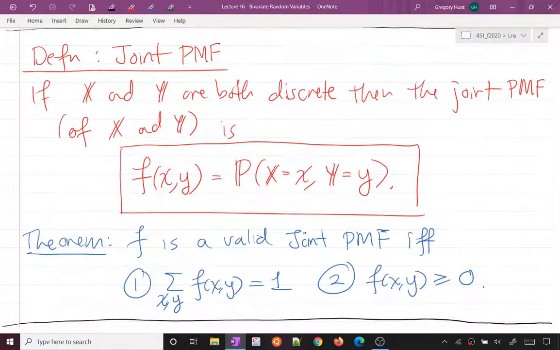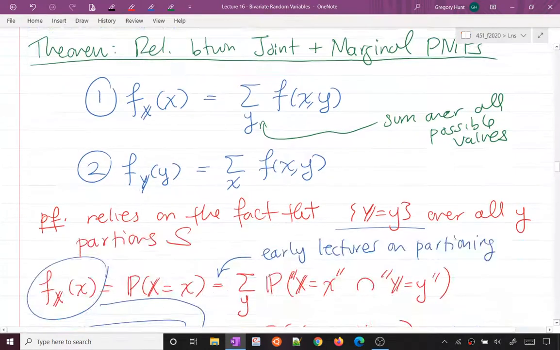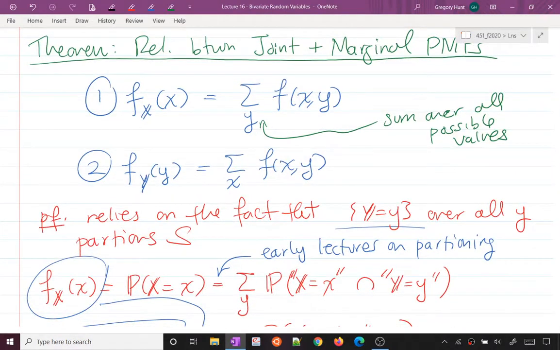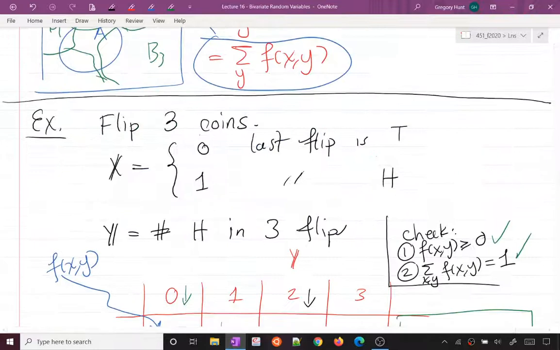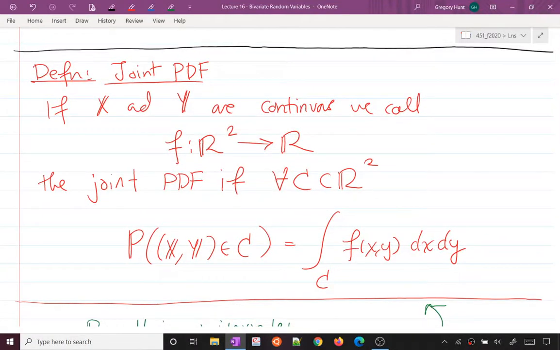We also had what we call the joint PMF, which plays the same role for bivariate random variables as the univariate PMF. And you can get the marginal PMFs from the joint by summing across one of the variables and fixing the other. We saw some examples, and you can also define a joint PDF, which again plays the same role for bivariate random variables as the univariate PDF.